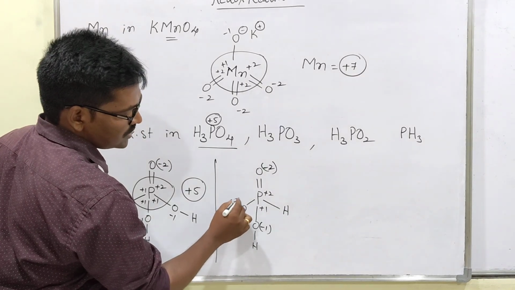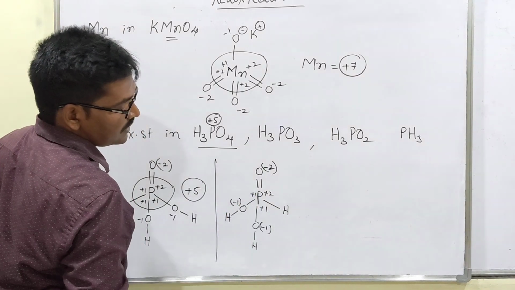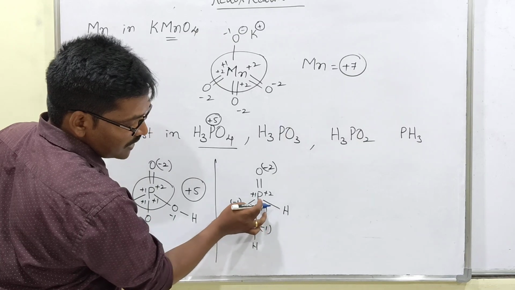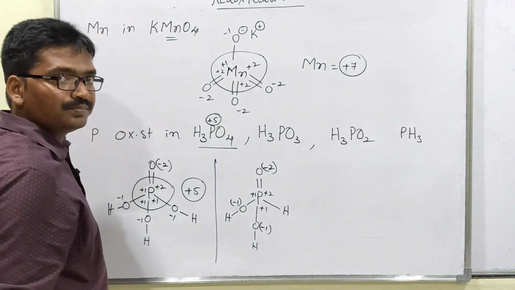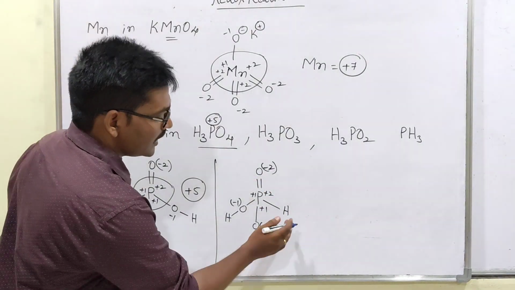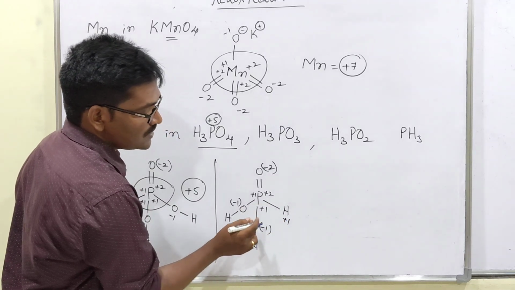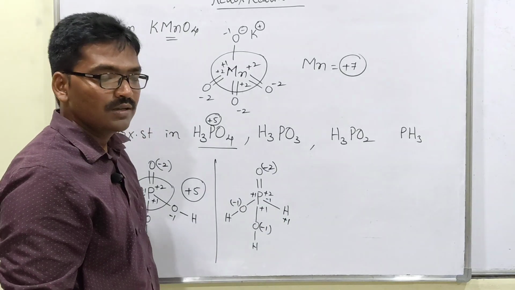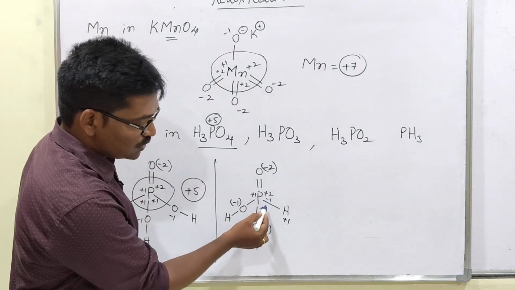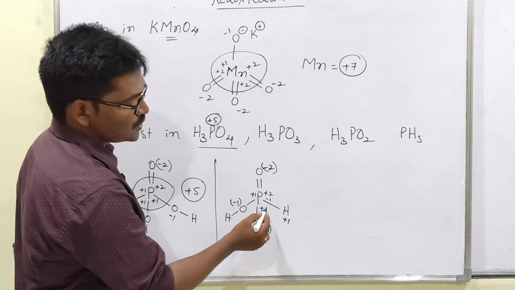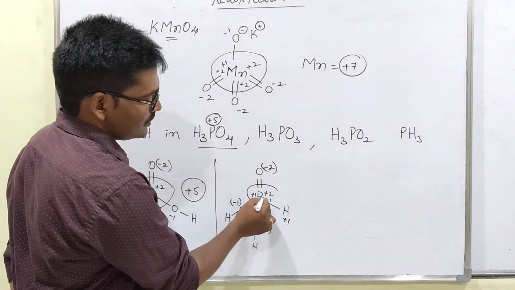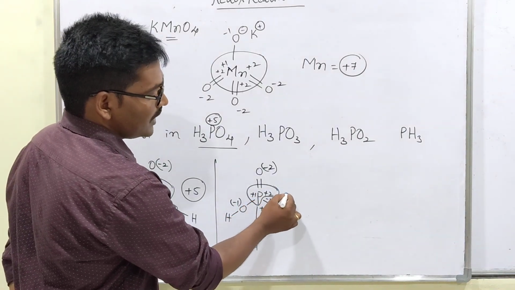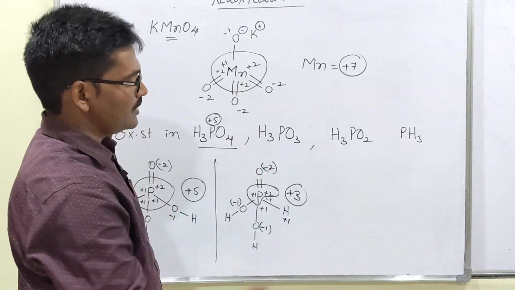Here -1 oxidation state, then +1 oxidation state. Then phosphorus and hydrogen, if you take both, phosphorus gets +1, hydrogen gets +1, phosphorus gets -1 oxidation state. So -1 and +1 both will be cancelled, then +1 and +2. So totally +1 and +2 only will be there. Then that is +3 oxidation state surrounding phosphorus.